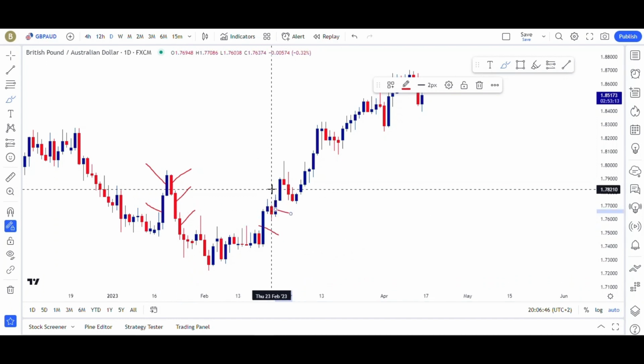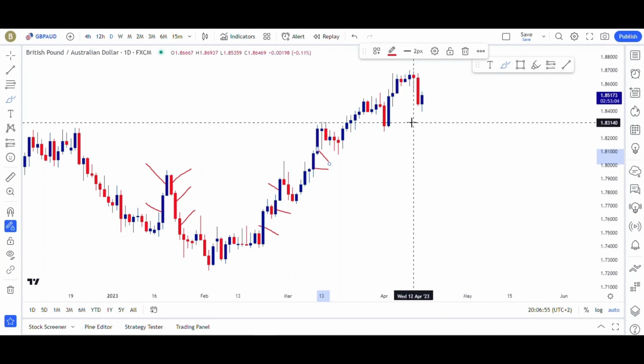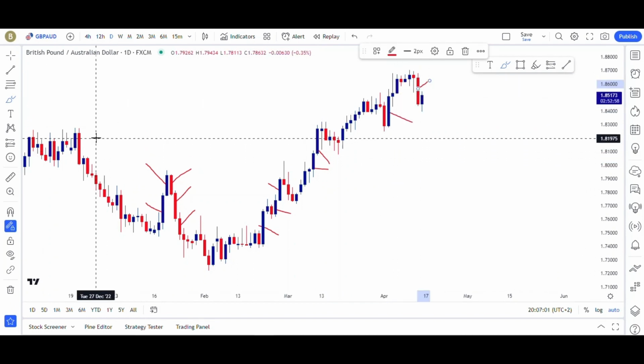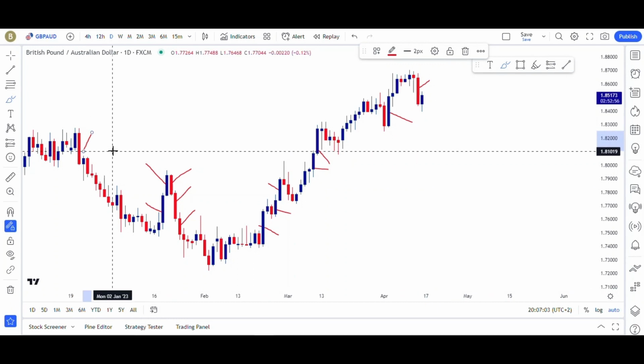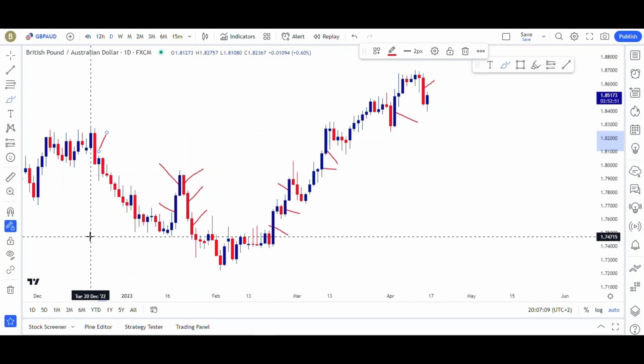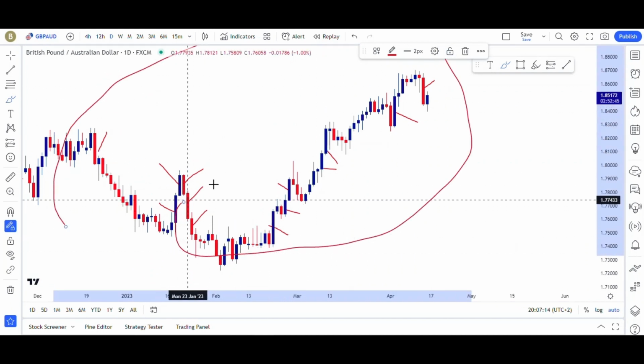This one is an ESC, this one is an ESC, and here, and that one, and we have this one as well, and this one as well. Yeah, I think you have understood what an ESC candle is from this chart.